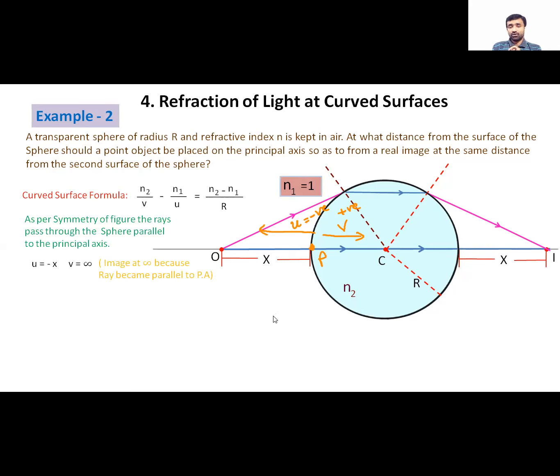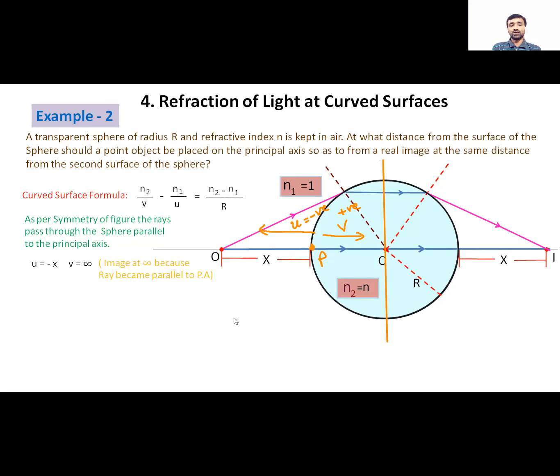Then N1 equal to 1 because it is air, and N2 equal to N. So the image is considered in this case at infinity. The symmetrical figure I am considering, so according to this I am going to take the image distance as that. Right, so now substitute them in the relation.